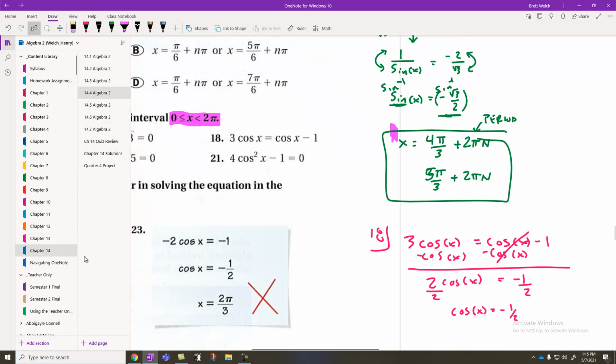But because I'm looking for just answers between 0 and 2 pi, my answers to this question would be 2 pi over 3, comma, 4 pi over 3. I don't need the plus 2 pi n because I'm not doing the general form. I'm just doing the form of the answer that's on one side or the other.